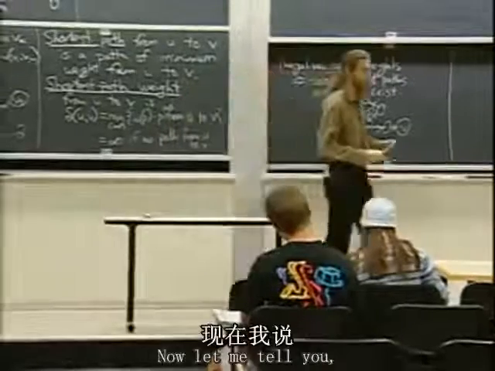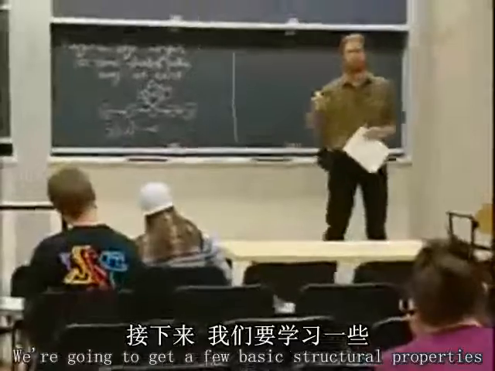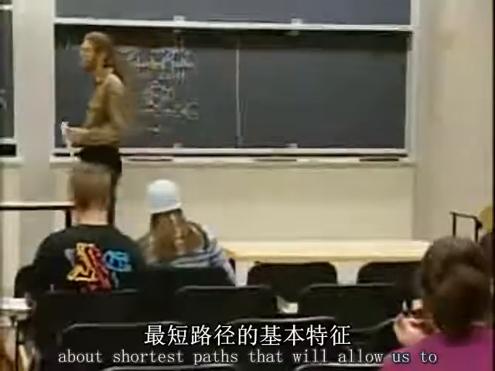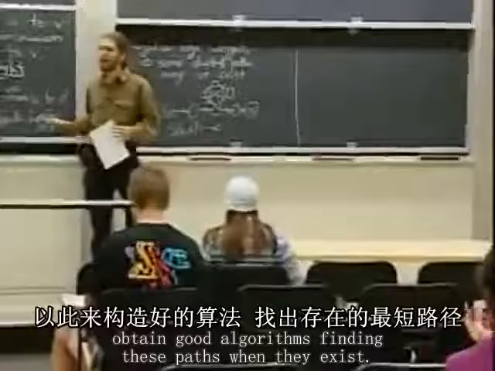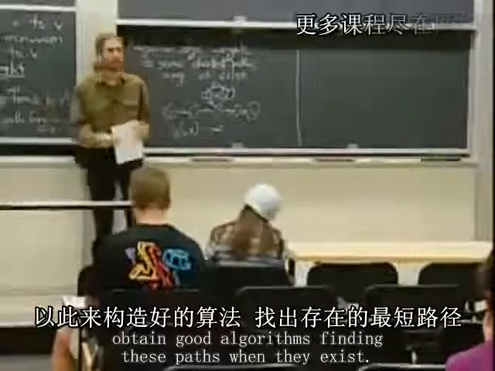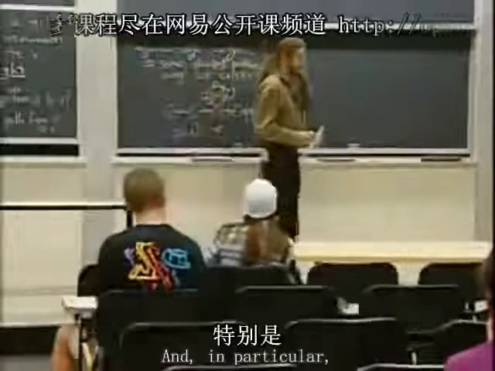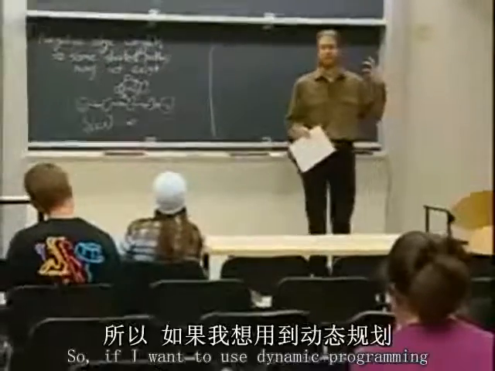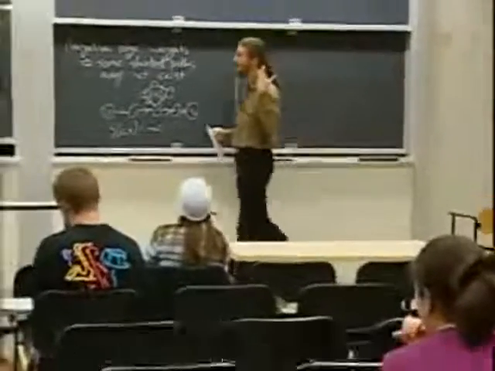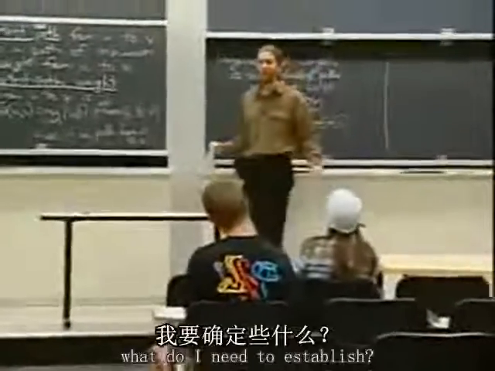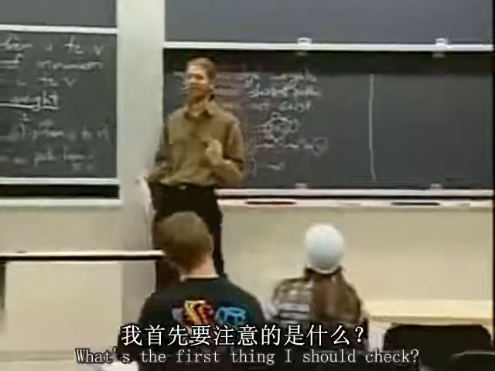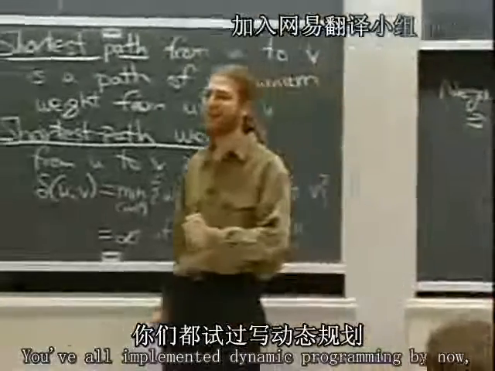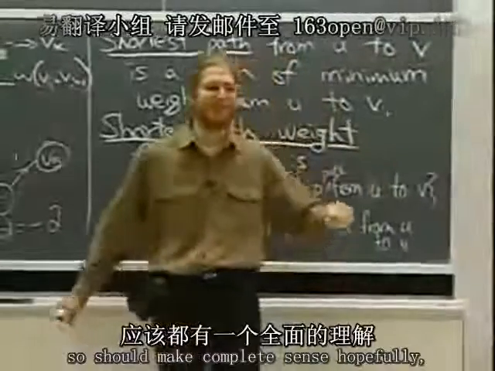Now, we're going to get a few basic structural properties about shortest paths that will allow us to obtain good algorithms for finding these paths when they exist. And in particular, we want to use ideas from dynamic programming. So if I want to use dynamic programming to solve shortest paths, what do I need to establish? What's the first thing I should check? You've all implemented dynamic programming by now, so it should make complete sense.